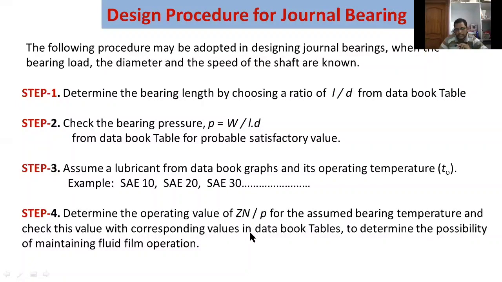It is a dimensionless number, which means there are no units for ZN by P. You have to find the value of ZN by P from the data handbook for the corresponding application.